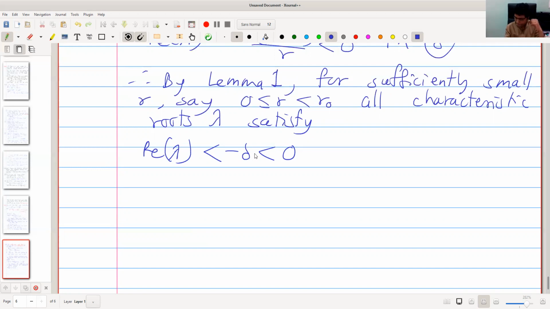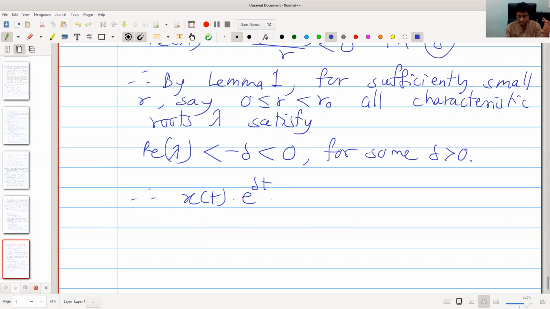So we can have this minus delta for some delta positive, and therefore x of t into e raised to delta t, x of t means e raised to lambda t, so e raised to lambda plus delta t. So the real part of lambda plus delta is negative.